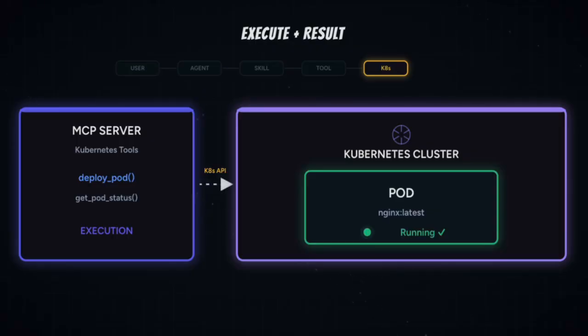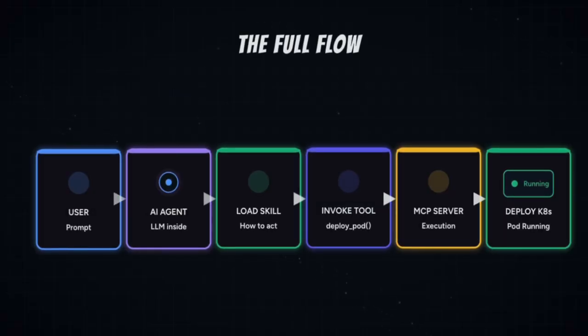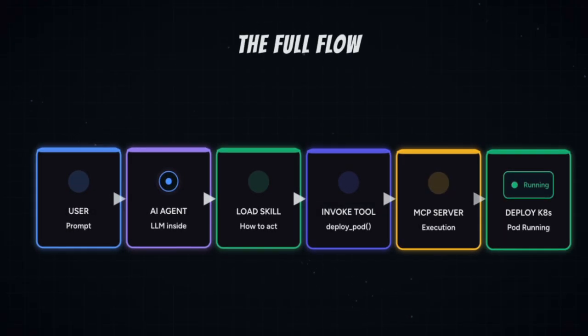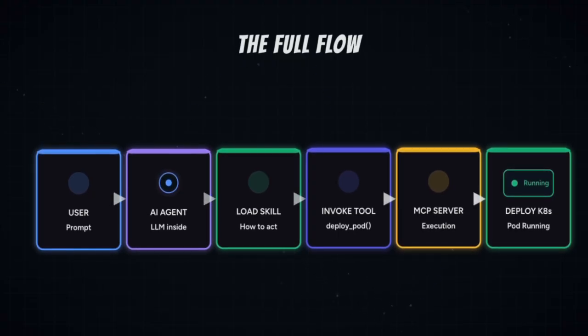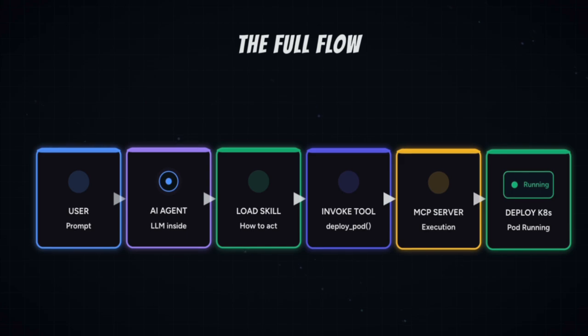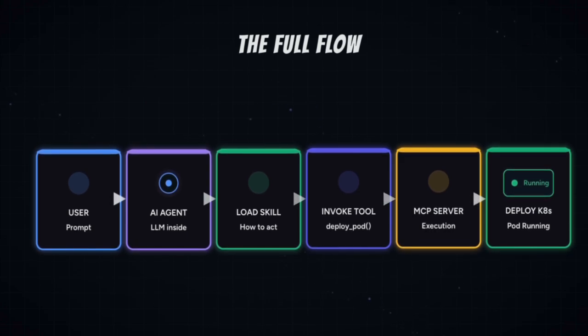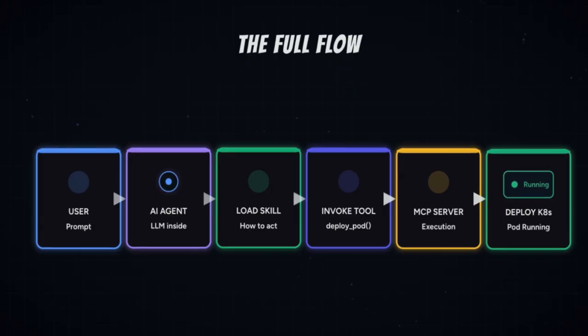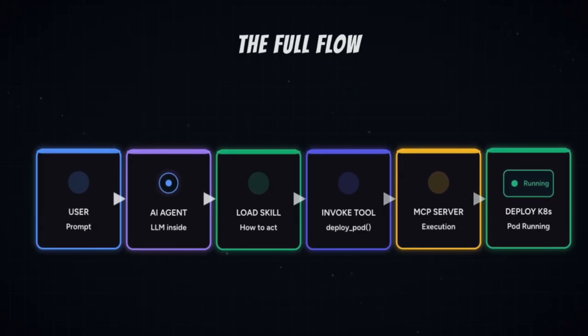Now if we see the full flow, we have our user prompt and our AI agent. The user gives the prompt to the AI agent. The AI agent has the LLM inside, which is responsible for the reasoning capabilities. Then your LLM will tell the AI agent, load this skill, we need this skill. Then your AI agent will load that Kubernetes skill.